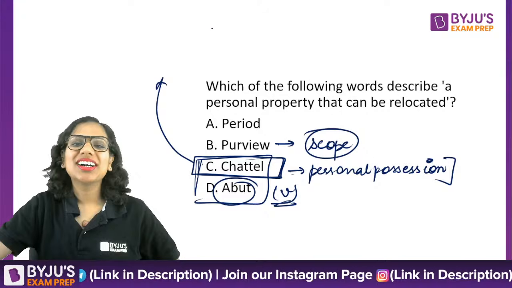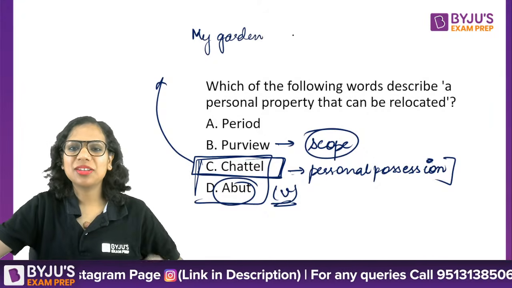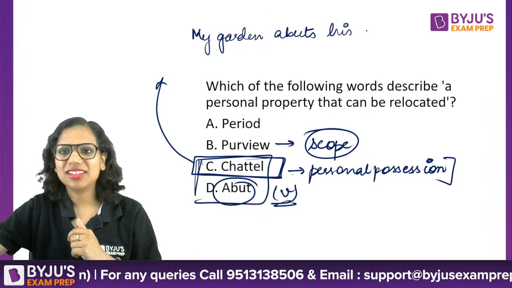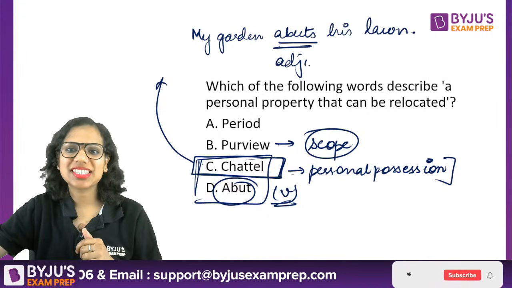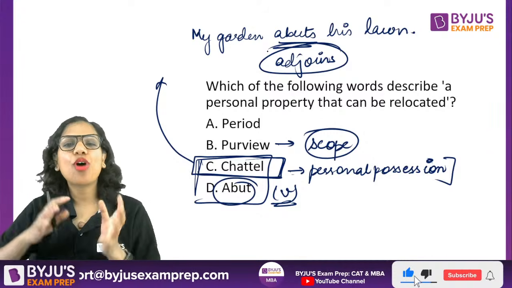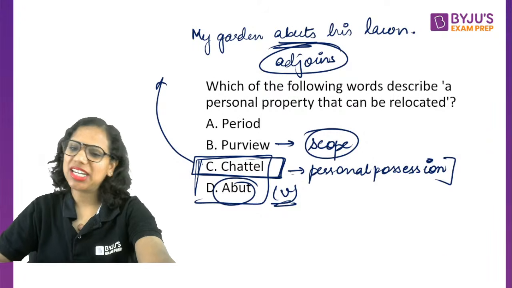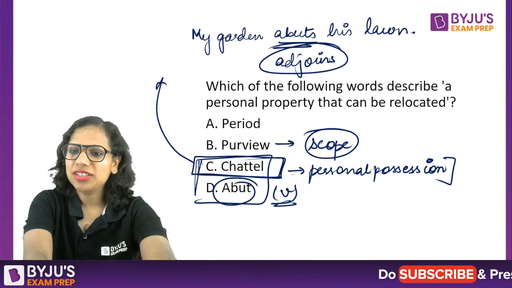So if I say my garden abuts his lawn, that means adjoins. It simply is a fancy formal word for adjoin. Answer is C. You are right. A lot of you said C. Good.